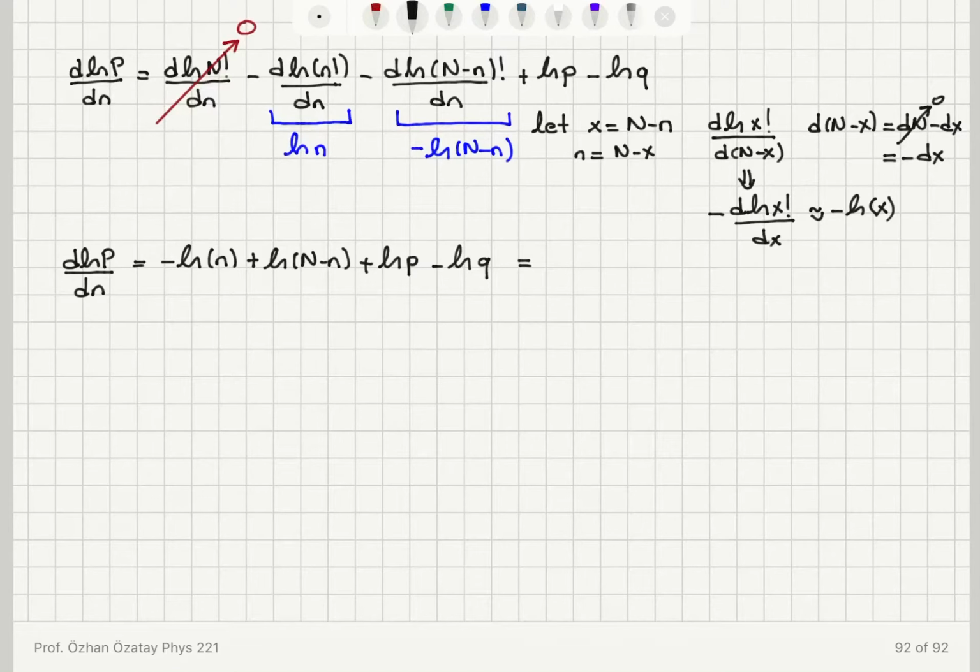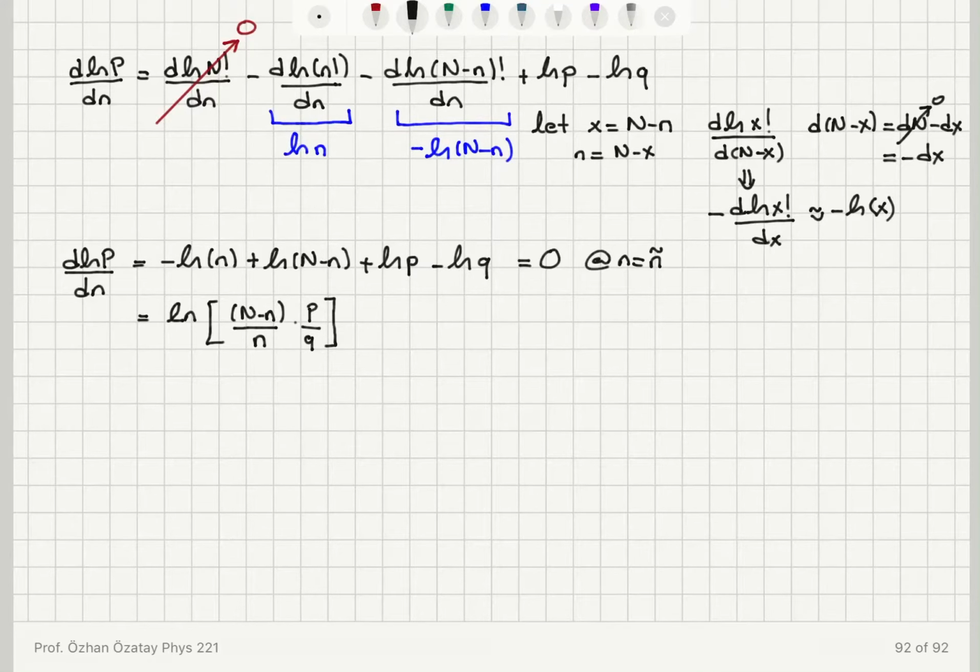This is going to be 0 when I'm at the maximum point. So basically using the property of the natural logarithm here, this is natural logarithm of capital N minus n divided by n times p over q.